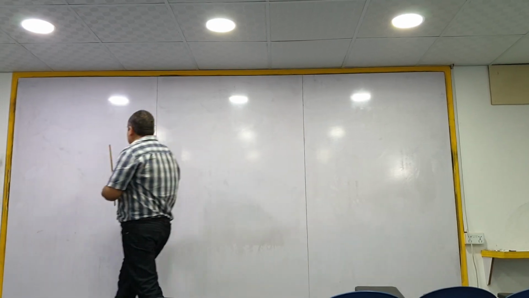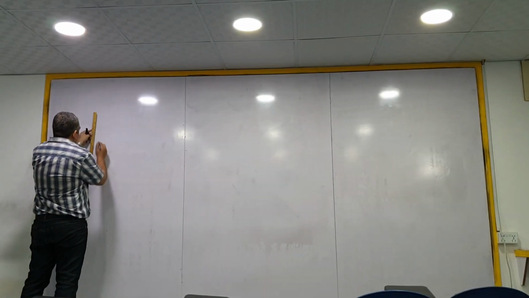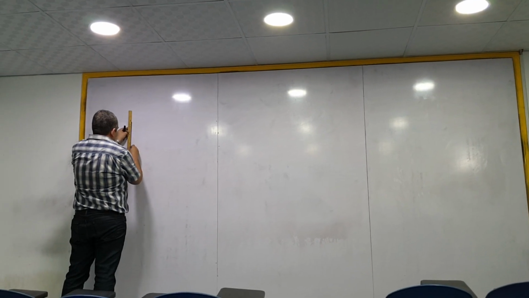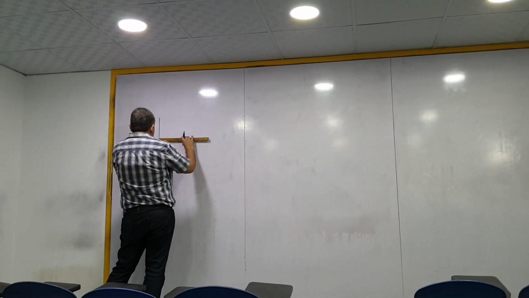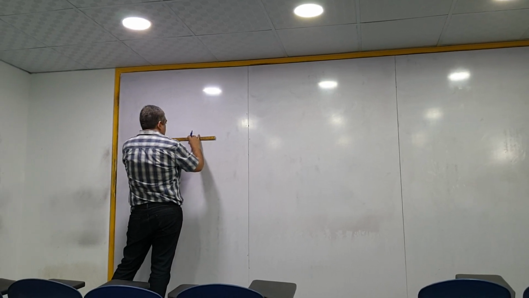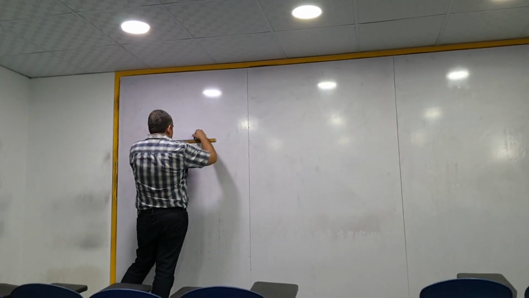So let's talk about that velocity now. Velocity is 0 at extreme position and maximum at mean position. If I draw this in a wave, with mean and extreme positions, how am I going to draw it? Let's take an example. For example, this is a rigid support.